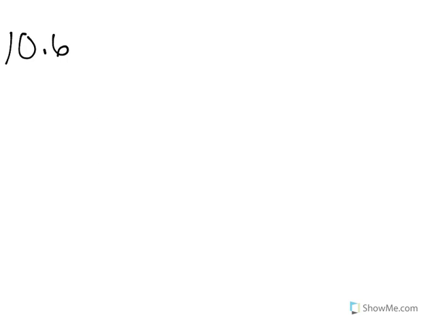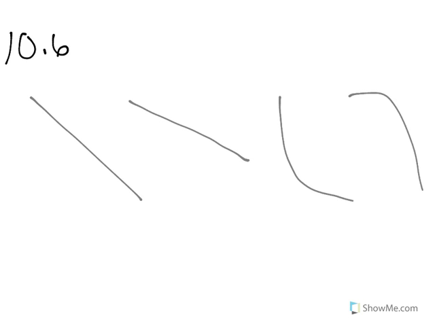All right, 10.6. A small child slides down 4 frictionless slides, and they look like this, then this, then this, and then this. The important thing here again is that all of these on the problem have the same height, which means they all have the same gravitational potential energy.